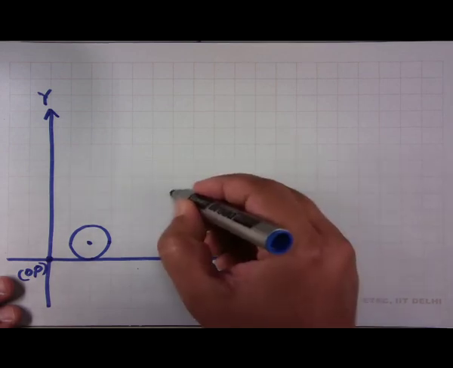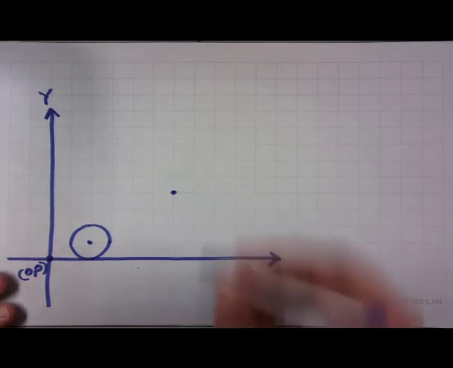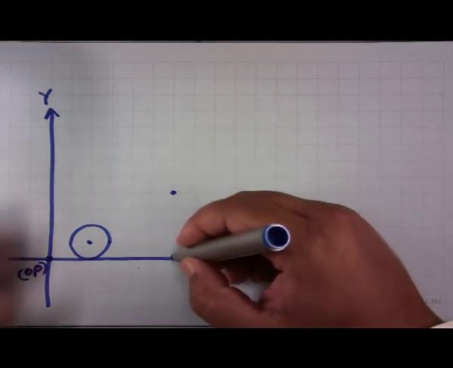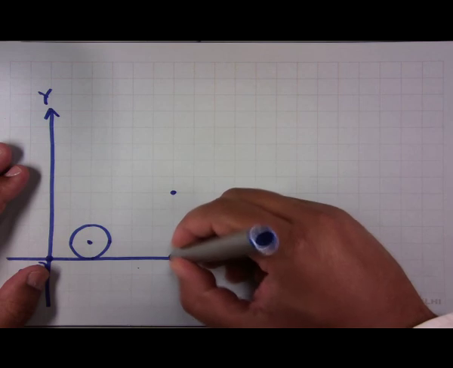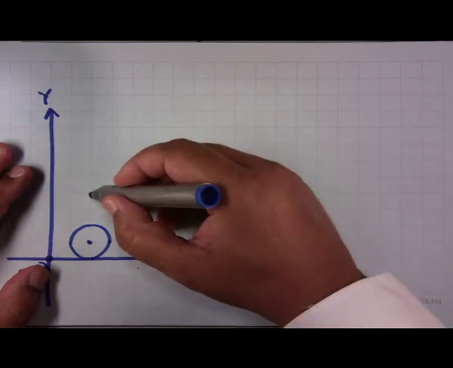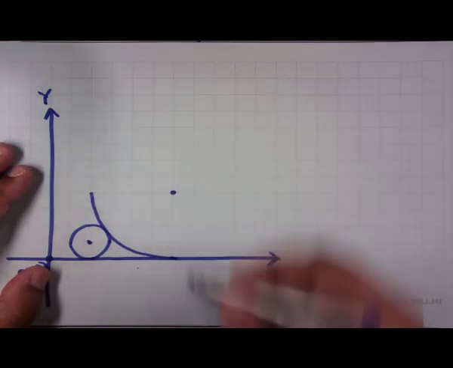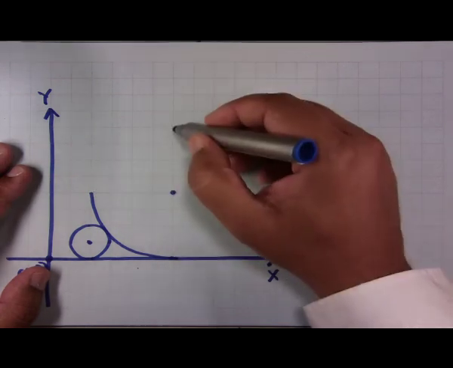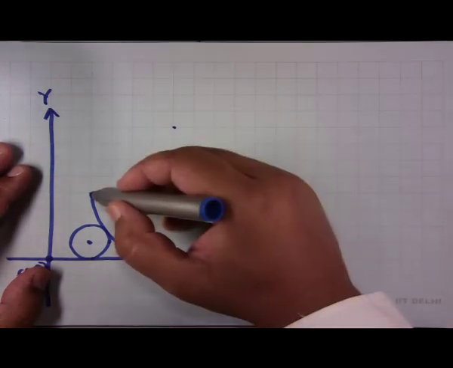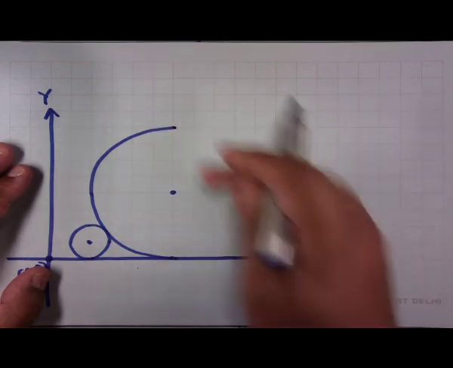So this is the center of the second circle, and as the radius is 4 units, the circle will be something like this.